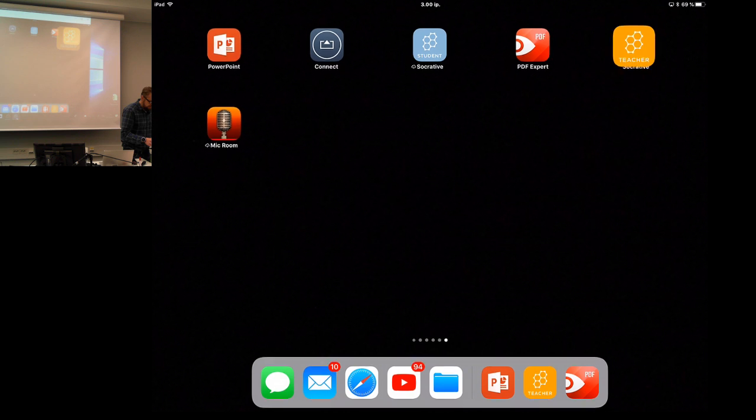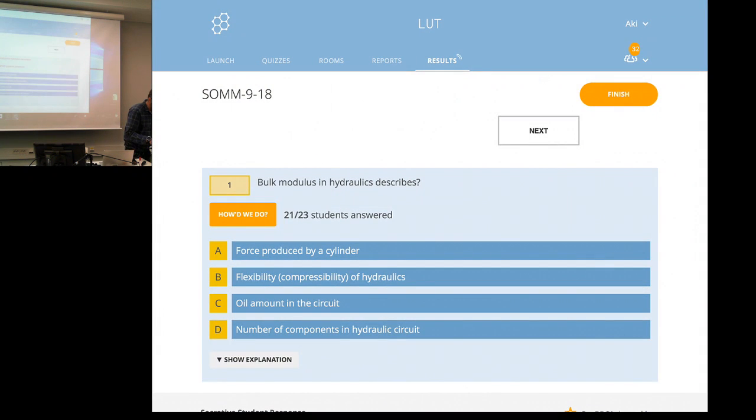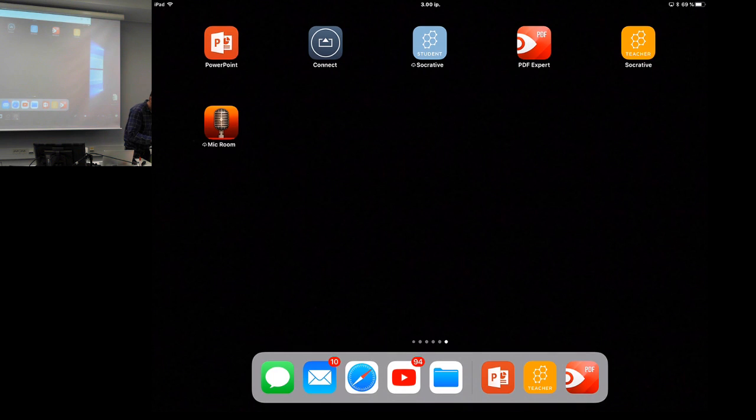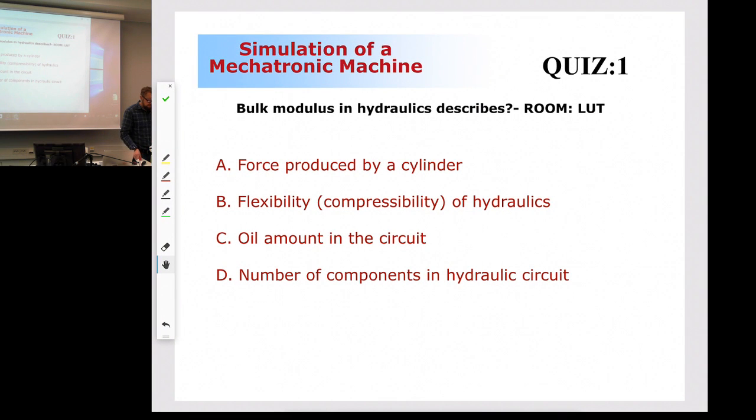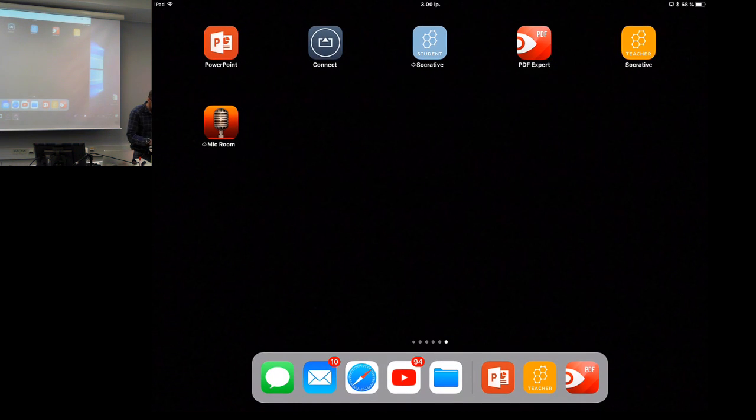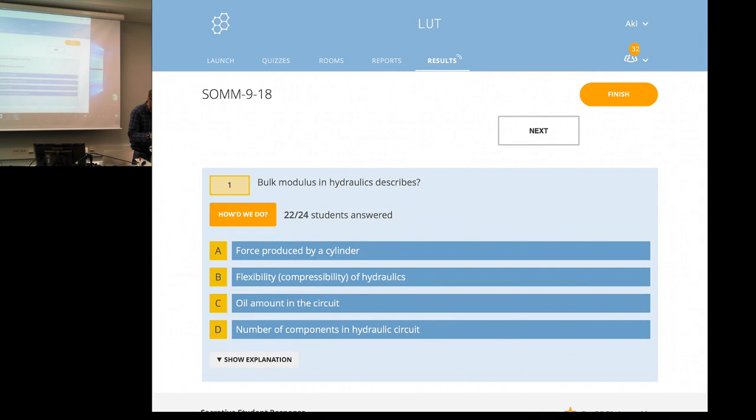Okay, all my participants, please log into Socrative and select the room LUT, and select the correct one of these four choices. Oh, now more are coming.